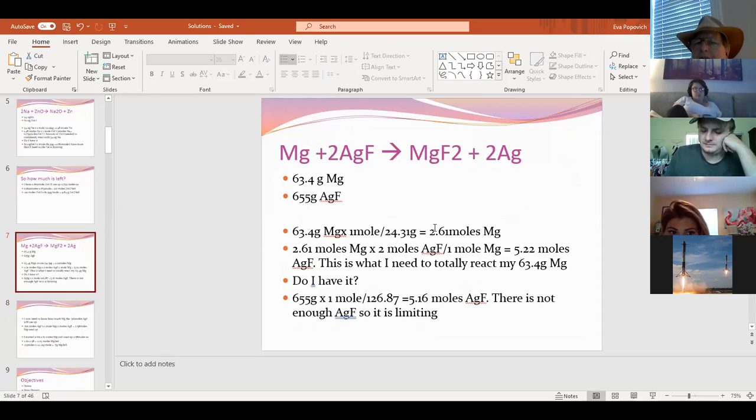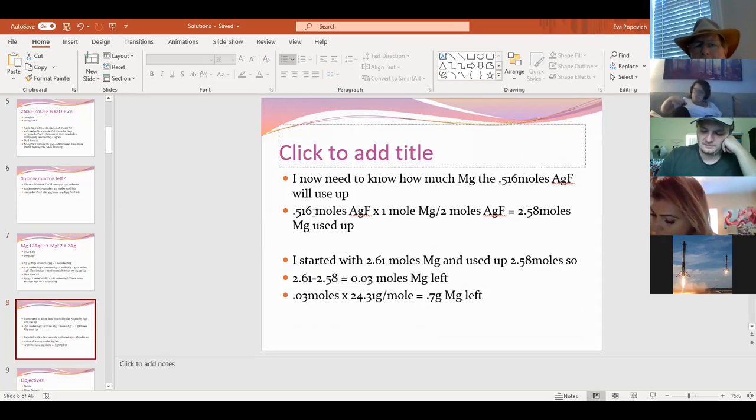When I converted that to moles, that meant I originally had 2.61 moles of magnesium. Got you with me, Chase? Yep. So when I did my stoichiometry, I found out I used up 2.58 moles of it.